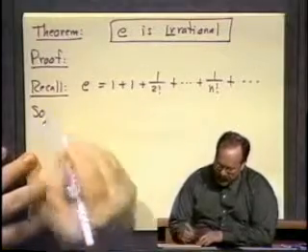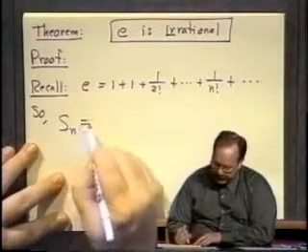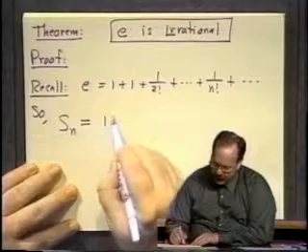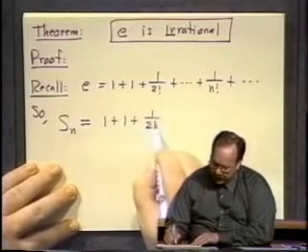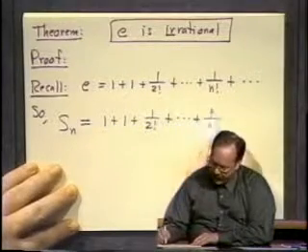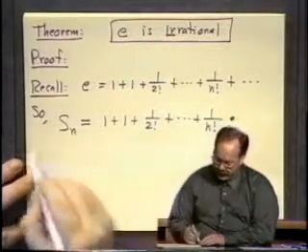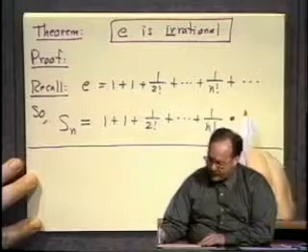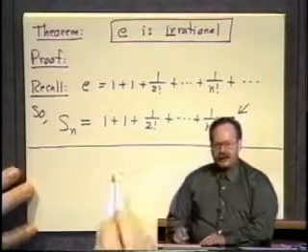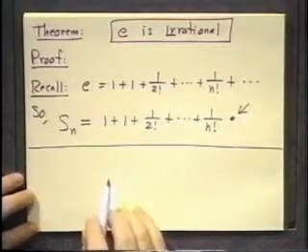And so we can let S sub n, the nth partial sum, be 1 plus 1 plus 1 over 2 factorial plus up to 1 over n factorial, period. Partial sum always ends at that point. So that's the nth partial sum.